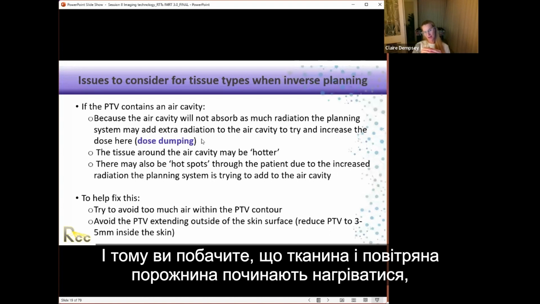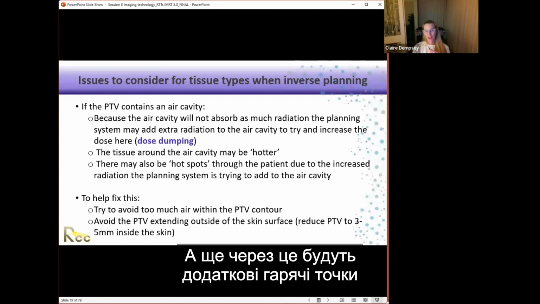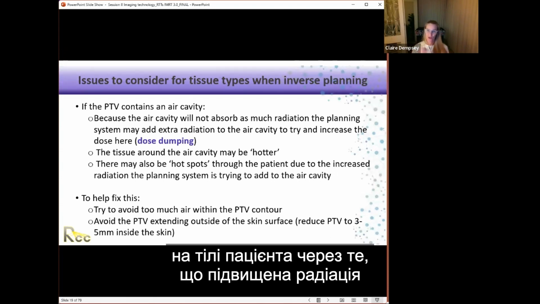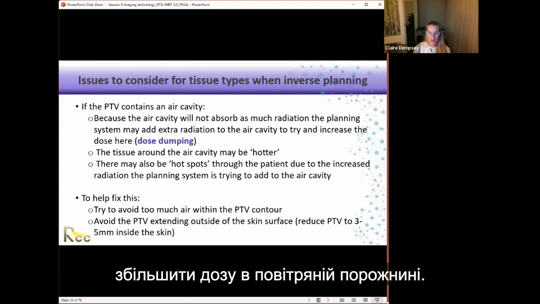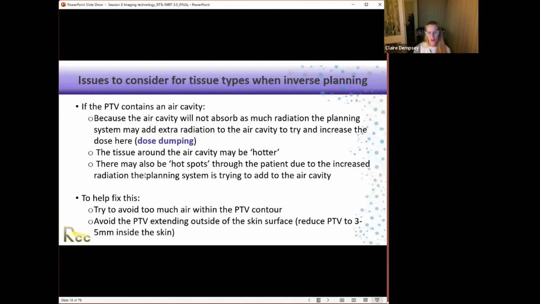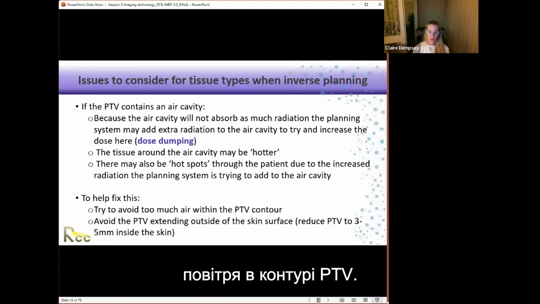And because of that, what you'll see is the tissue and the air cavity will start to be hotter because you are trying to pump extra photons into that air cavity. And then also because of that, there's going to be extra hotspots through the patient due to that increased radiation passing through the patient with the planning system trying to pump up the dose in an air cavity. So to help avoid this problem, really we want to try and avoid having too much air within a PTV contour.